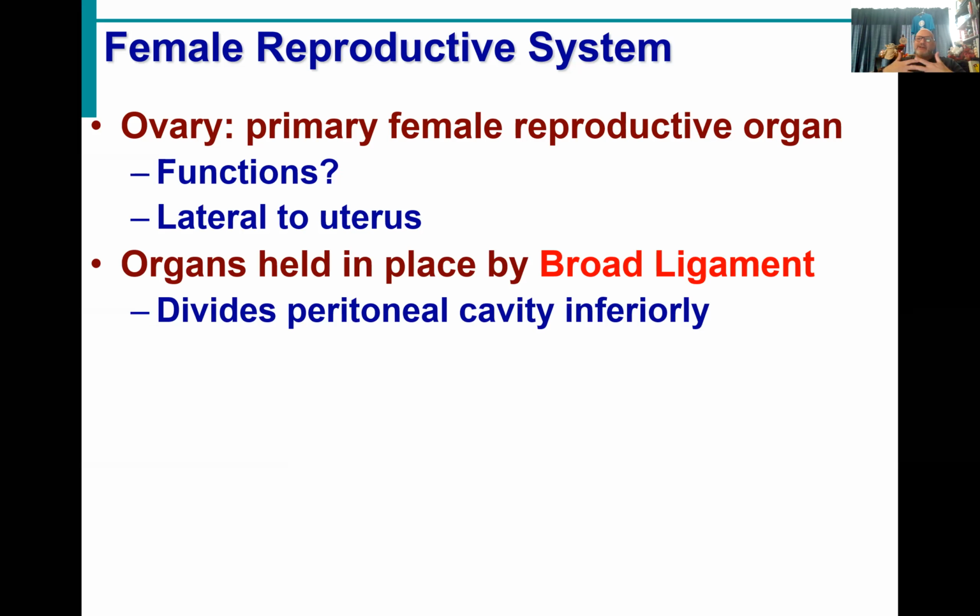This broad ligament is an extension of the peritoneum, basically comes off the walls of the abdominal pelvic cavity, similar to a mesentery, where it stabilizes blood vessels and other structures along nerves, things along those lines as well. And basically what it does is it divides the inferior part of the abdominal pelvic cavity into two distinct regions, or what are known as pouches.